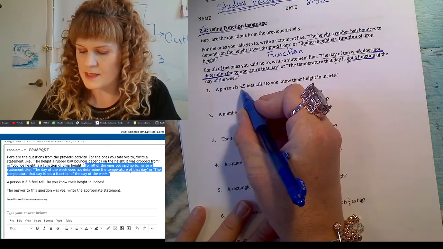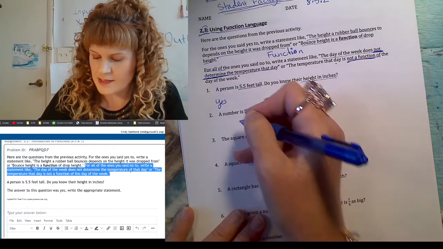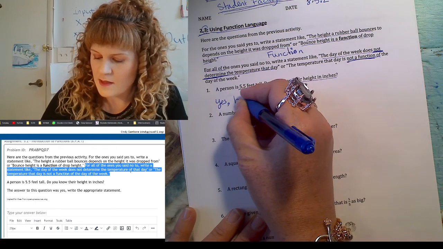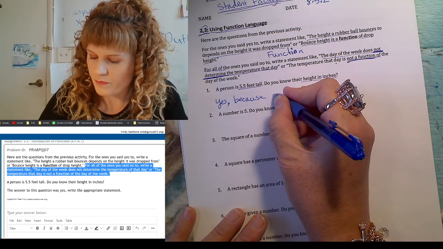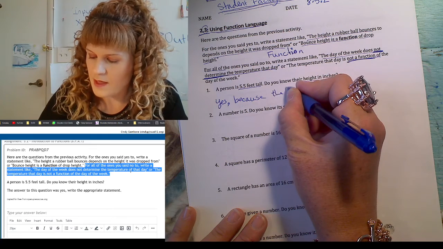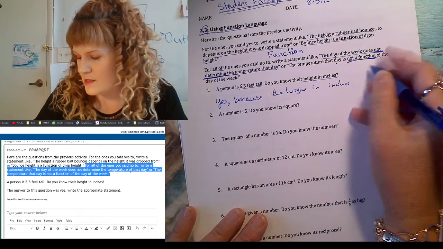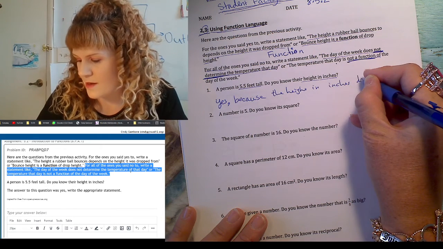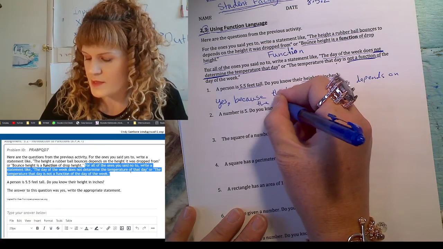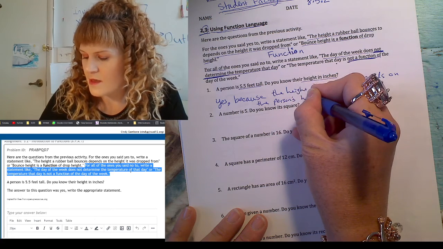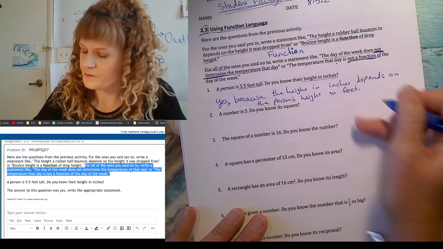Okay, a person is 5.5 feet tall. Do you know their height in inches? Yes, I know their height in inches because the height in inches depends on the person's height in feet.